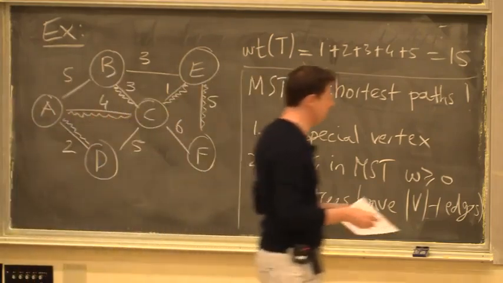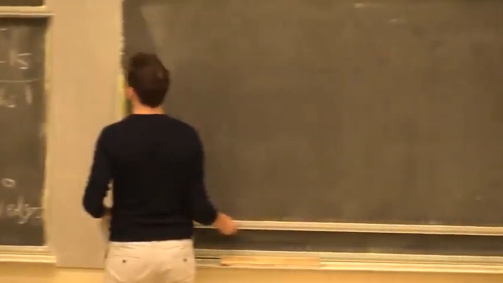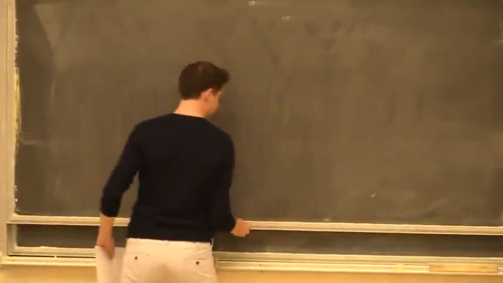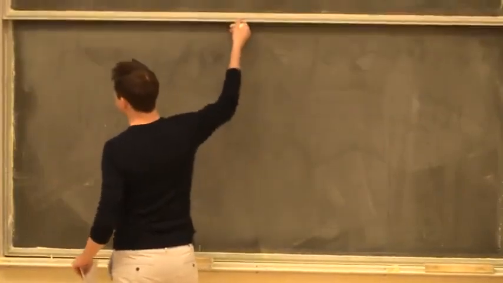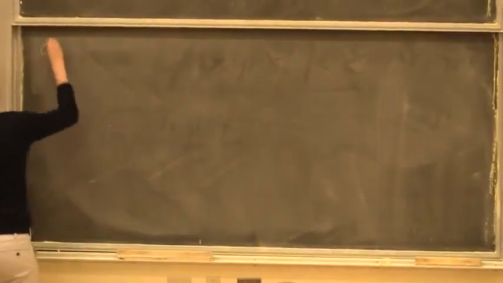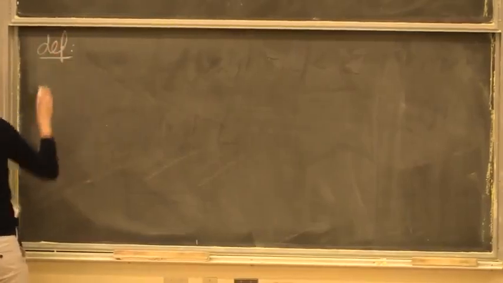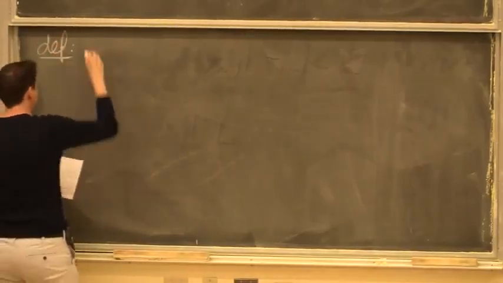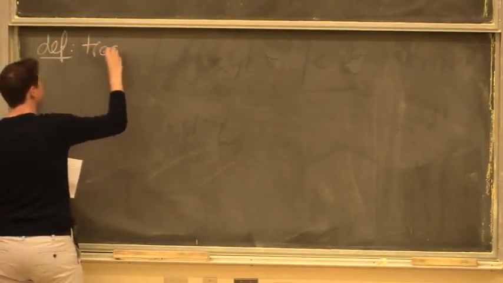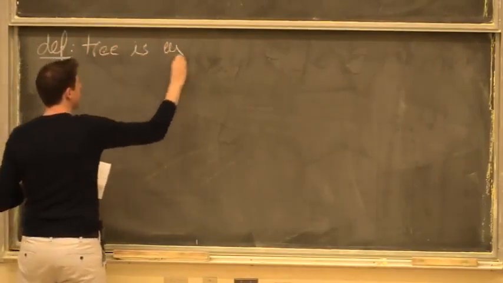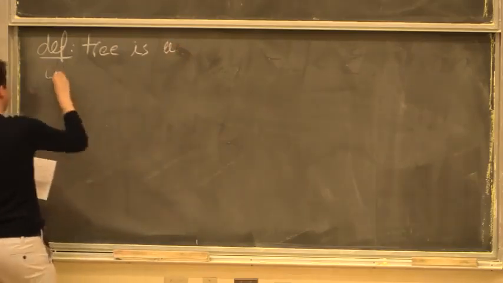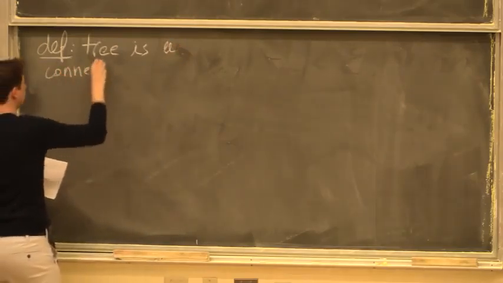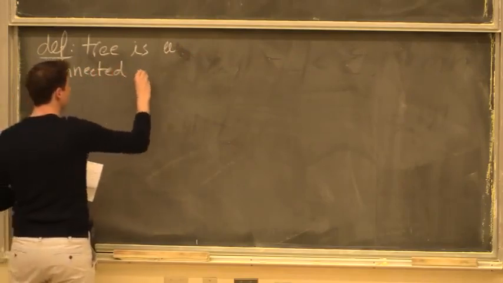So in particular, what is a tree? The definition of a tree is a connected acyclic graph.